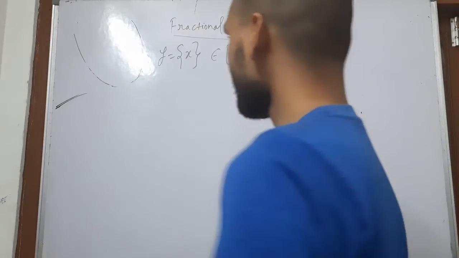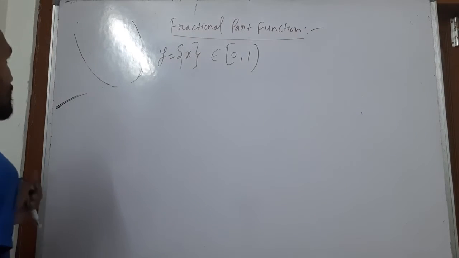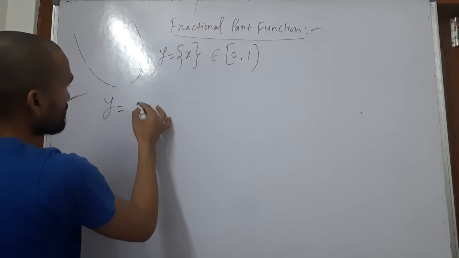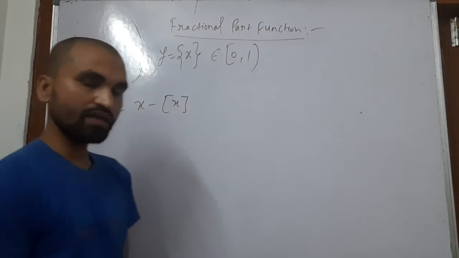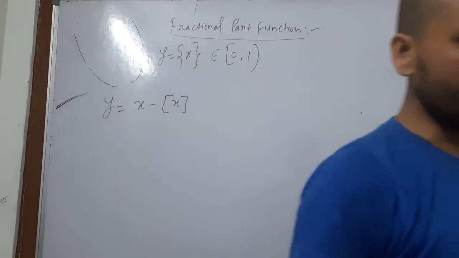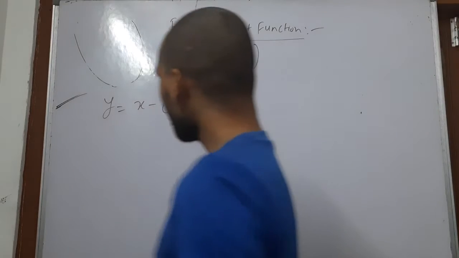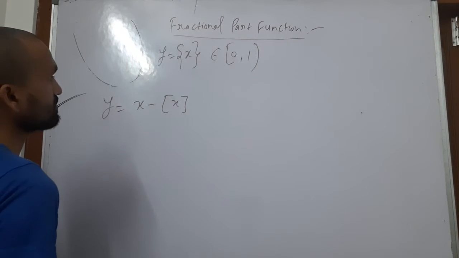Let us take some example. The fractional part of x is also defined as x minus greatest integer of x. From here, you can get the values. Okay. Now, we should draw the graph of this function.